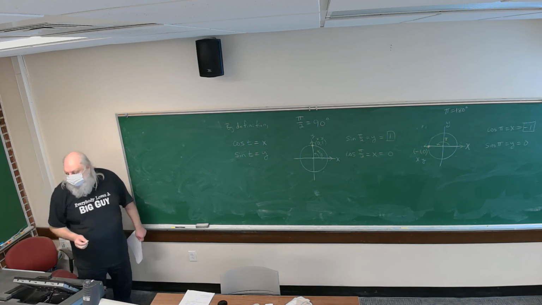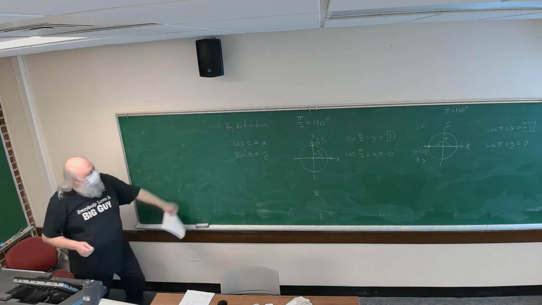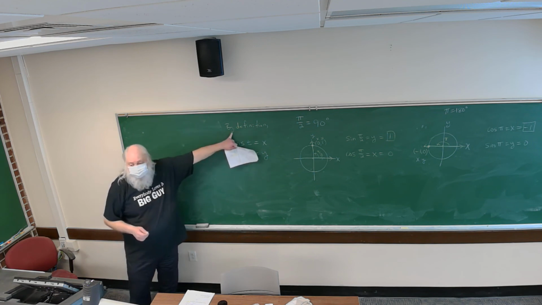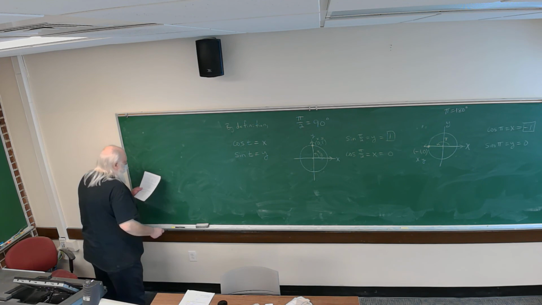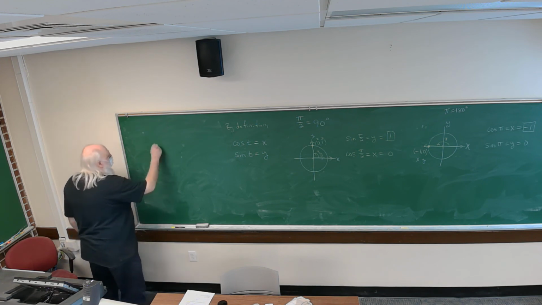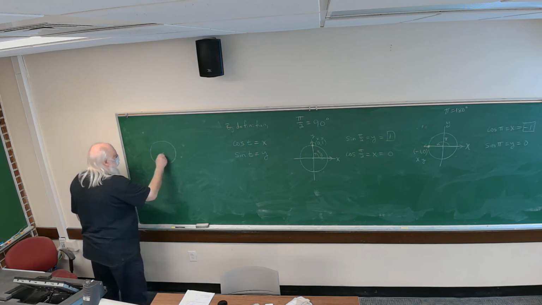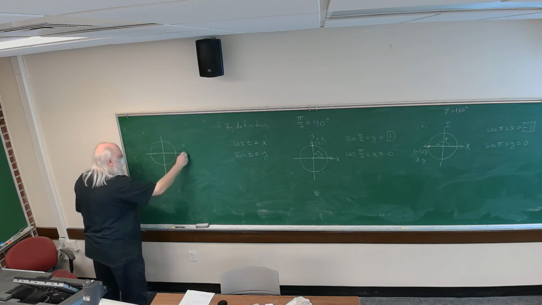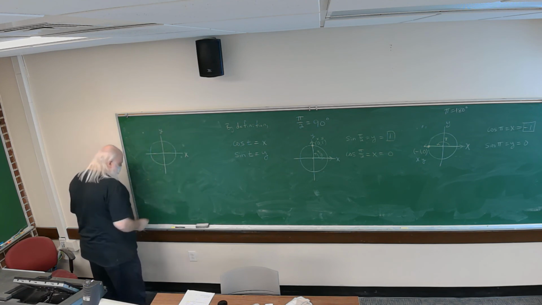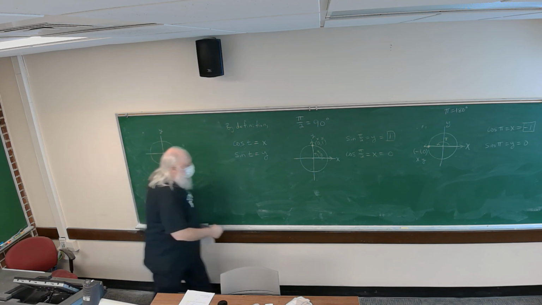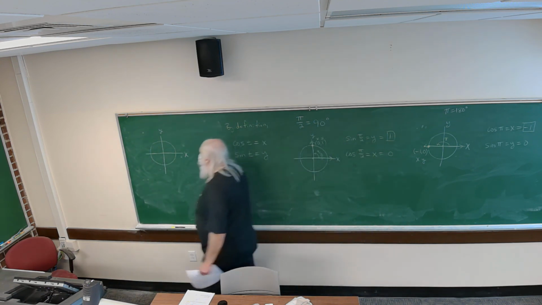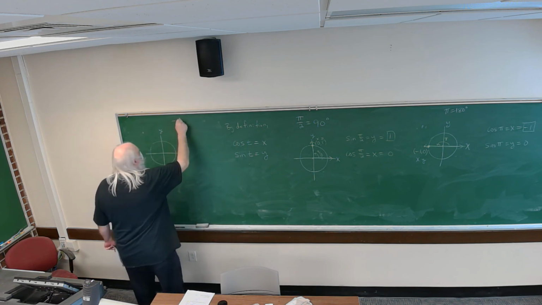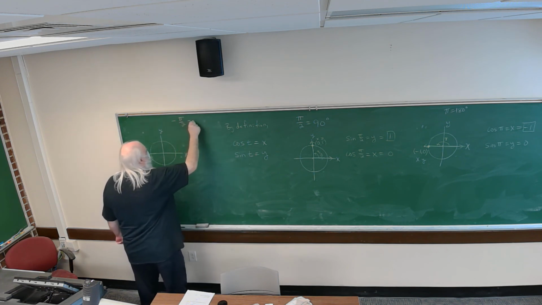Are you with me? Does that make sense? Good. And it's all based upon our definition, by definition. Okay. Then lastly, we got to find the sine of minus pi over 2. So I've already provided you with the unit circle. And so the angle minus pi over 2 is the same as minus 90 degrees.